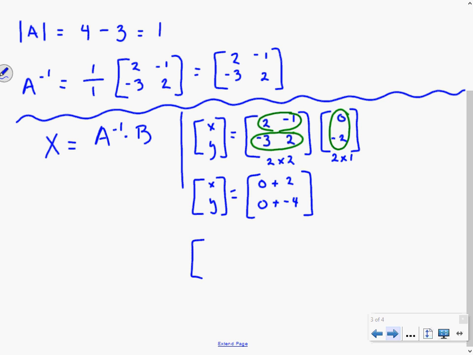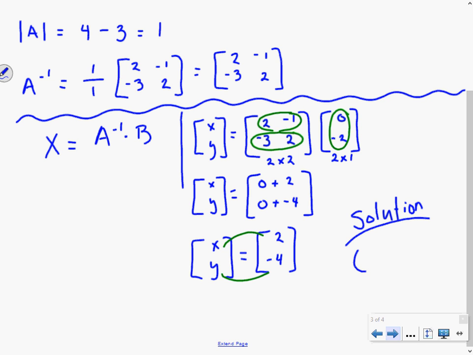So we find that the XY matrix is equal to 2, -4. This matrix at the end tells us our solution is an X value of 2 and a Y value of -4. So our solution to the original system of equations is 2, -4.